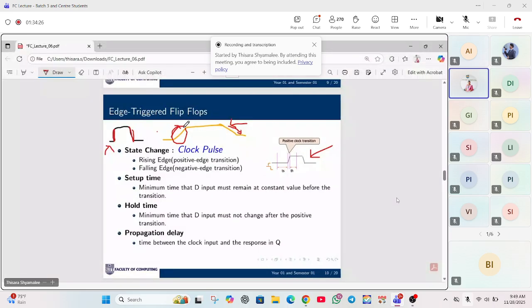Rising always means positive edge. Then the next state is the falling edge. Falling is this one. Falling means negative, it is the negative edge. Rising and falling.